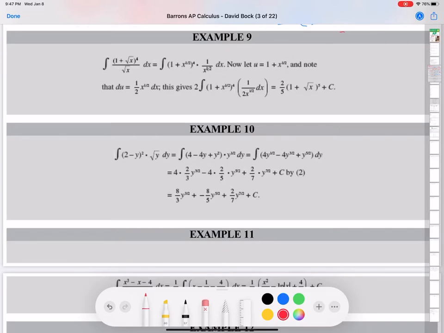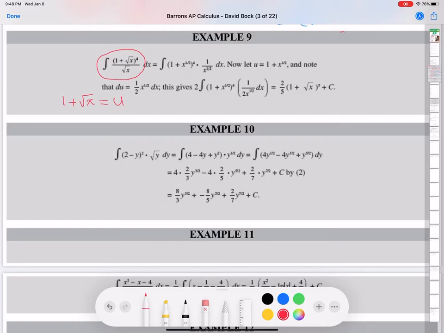Let's start. Integral of (1 plus square root x) to the fourth power over square root x dx. Usually in the fraction form, the denominator is the u part, but in this case the numerator is u, which means 1 plus root x is u.